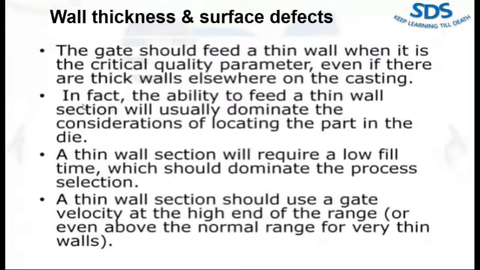So you require a separate gate. You should directly feed that section with a minimum filling time. This should dominate the process selection, and this thin wall section requires gate velocities at the high end of the normal range, and they may exceed the normal gate velocity for very thin walls.